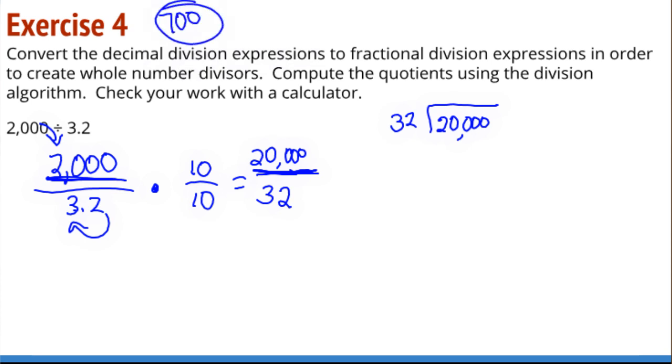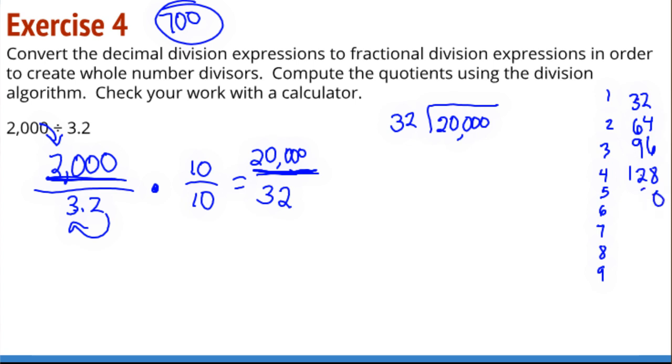All right, on the side here, I probably need my chart. 32, 64, 1, 2, 3, 4, 5, 6, 7, 8, 9. If I'm going to multiply times 3, 30 times 3 is 90. 2 times 3 is 6, so 96. For 4, I double the 2, 128. For 5, I will add 32 more. 8 plus 2 is 10. Regroup. 1 plus 2 is 3.